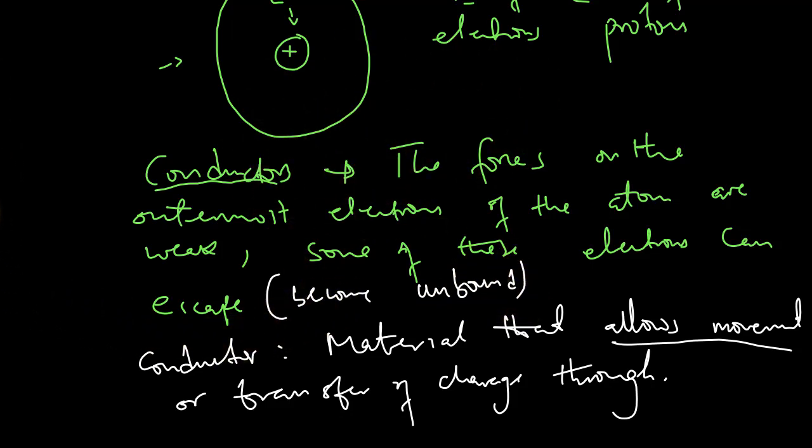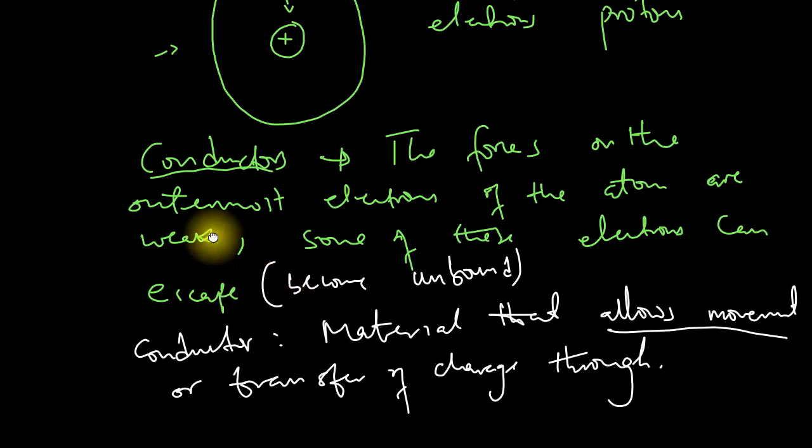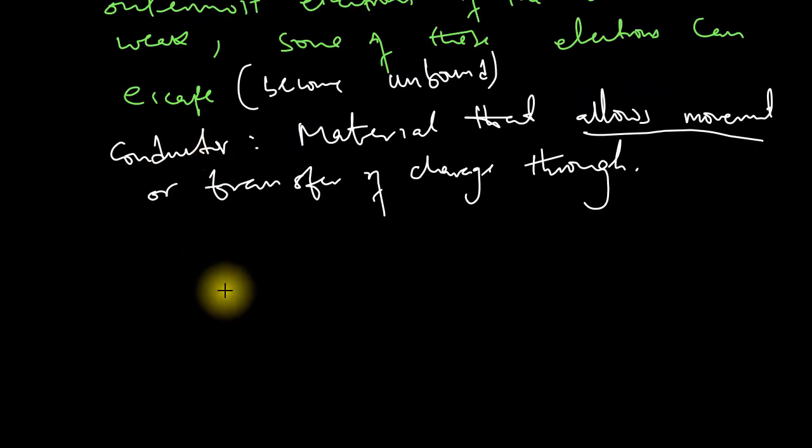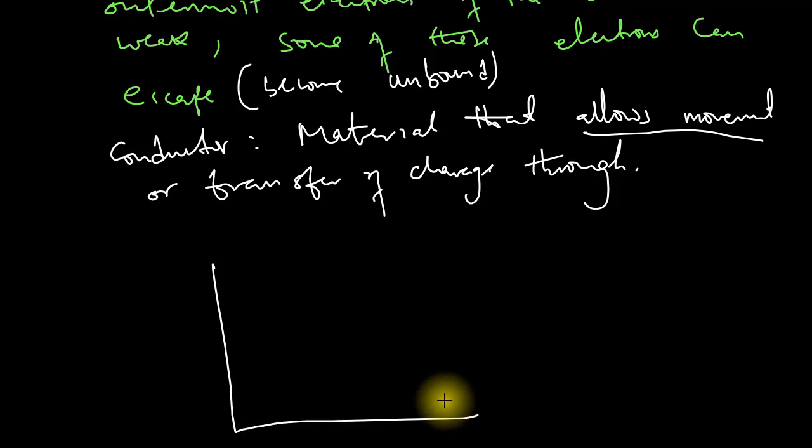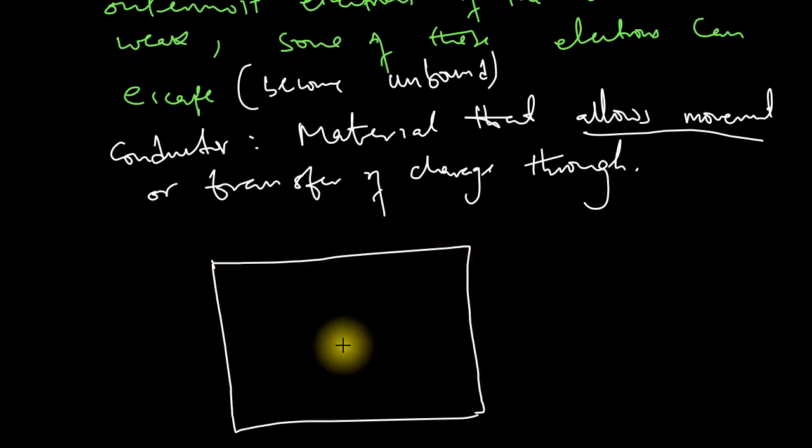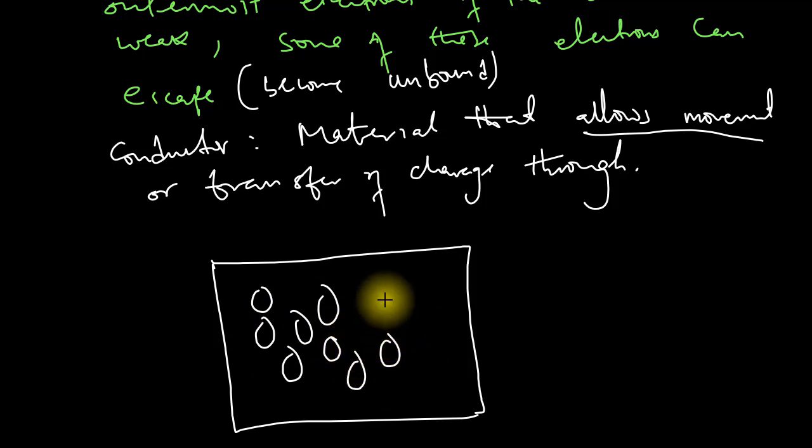Let me give you a picture of how this looks. Consider this to be our conducting material. Inside our conducting material, we have many atoms. These atoms are packed together. As a matter of fact, on average, the interatomic distance is about 10 to the power negative 10 meters.